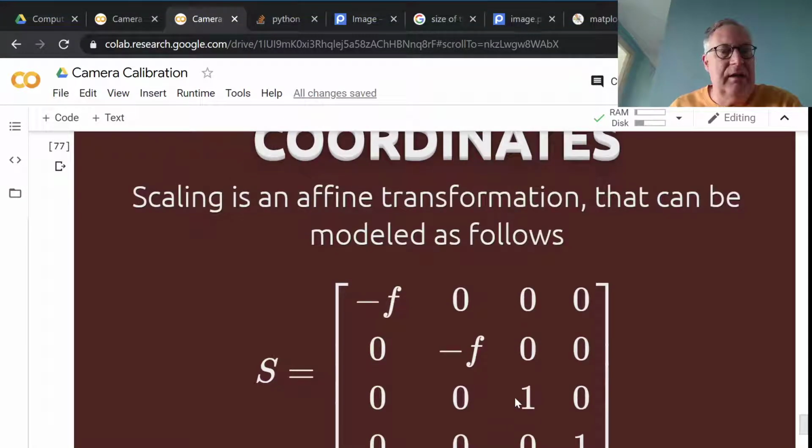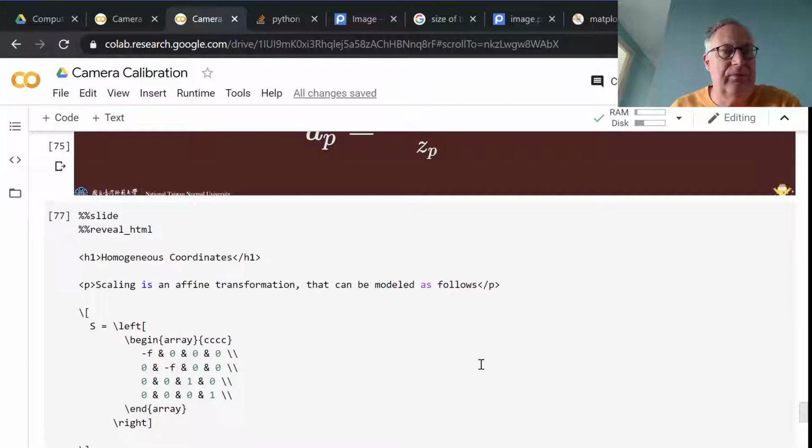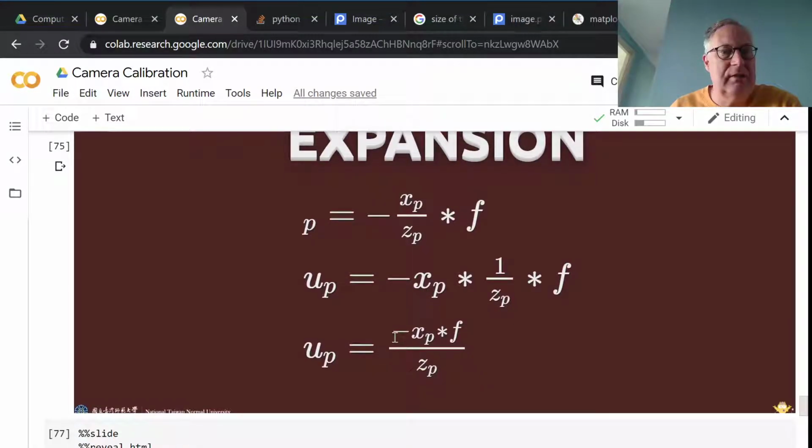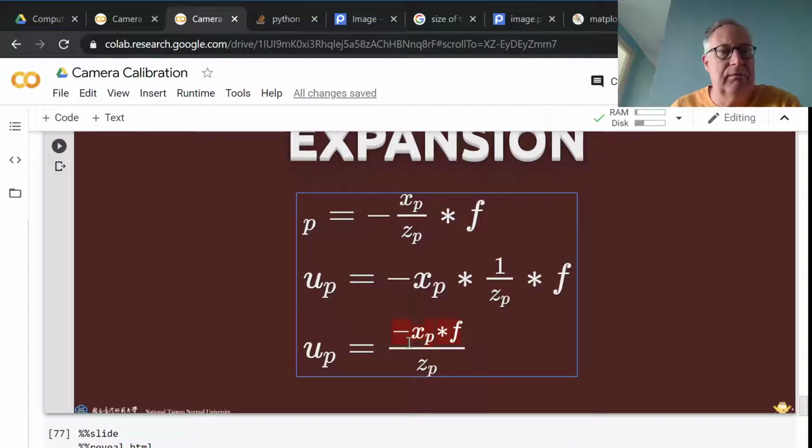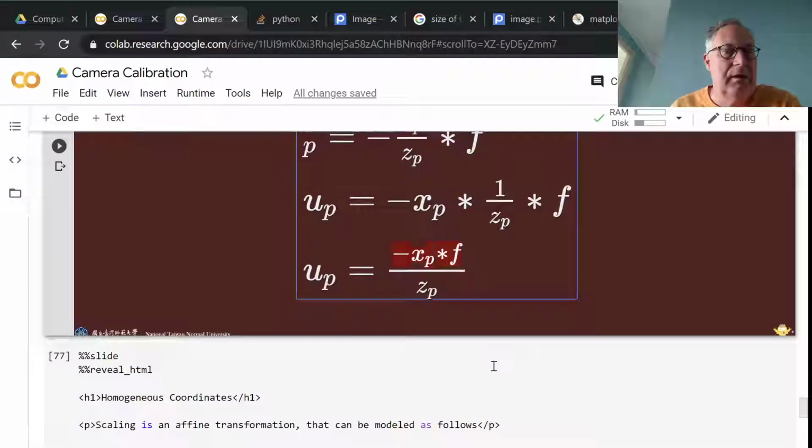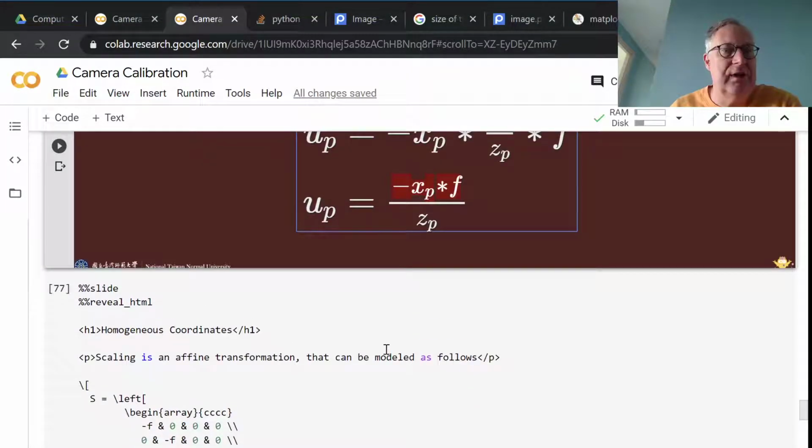So the z coordinate is unchanged and we have 0, 0, 1. Now here I scale it by minus f, which gives me the top part here: minus f multiplied by the current x coordinate. But then I have to divide it by zp, the z coordinate of the point. So that's tricky.